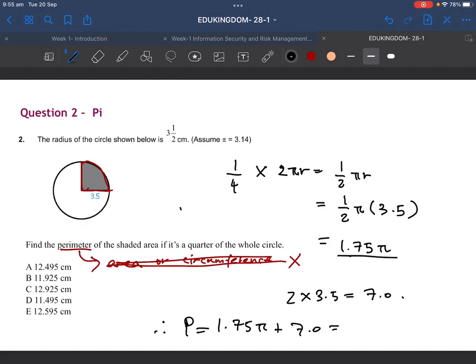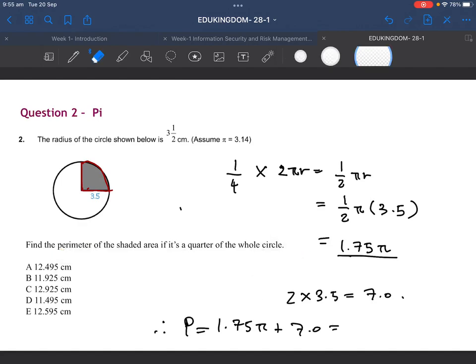Assuming that pi is 3.14 and we've got 1.75, let's just do 175 times 314. Remember, I've just taken the decimals out here.